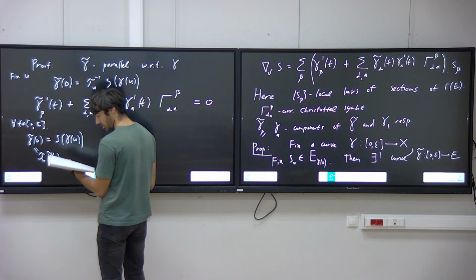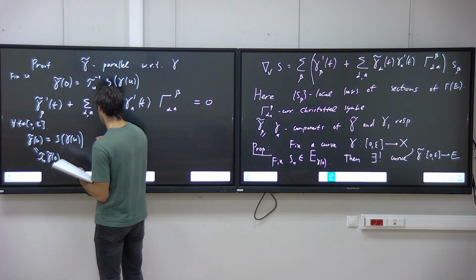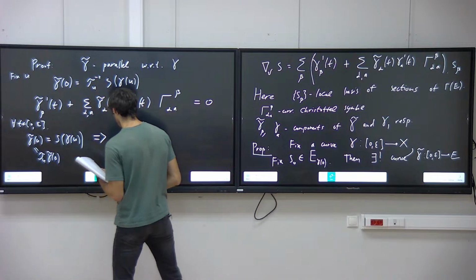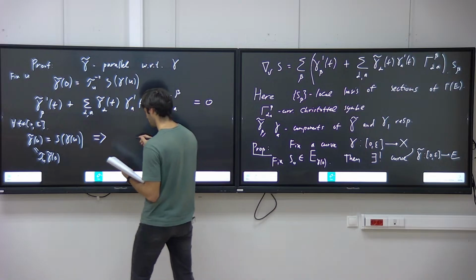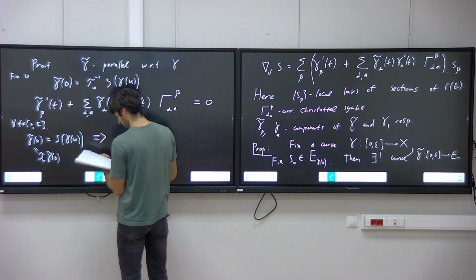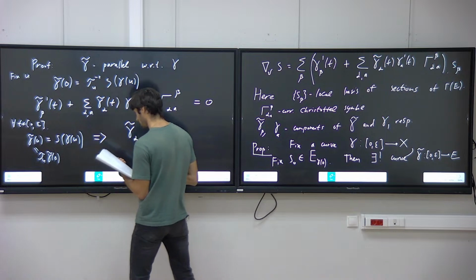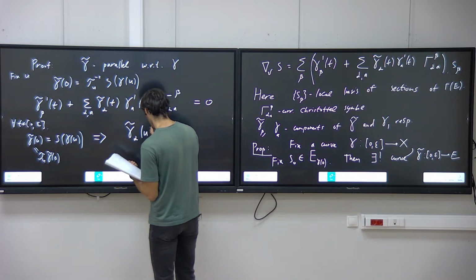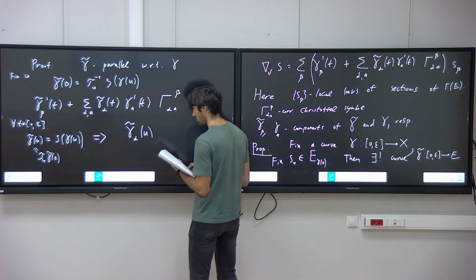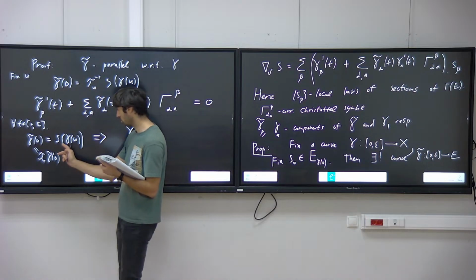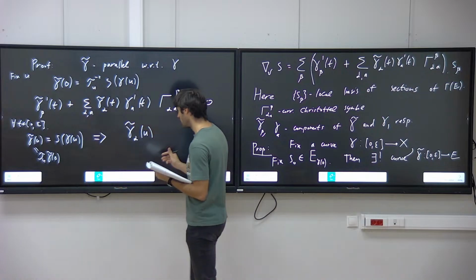But what I'm saying is that gamma alpha tilde of u is a known number, something which is given once you have s and gamma.